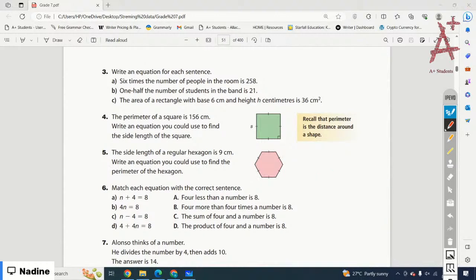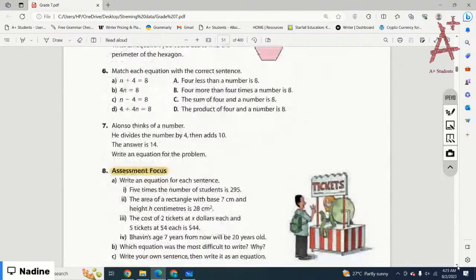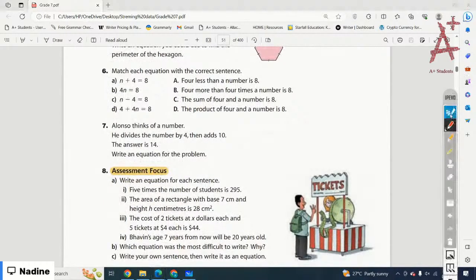Okay, let's start with question number 6. Match each equation with the correct sentence. Okay, n plus 4 equals 8. 4 less than a number is 8? No, you are adding, not less. 4 more than. 4 times a number is 8?